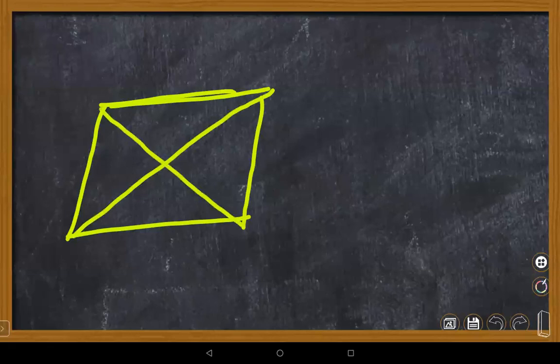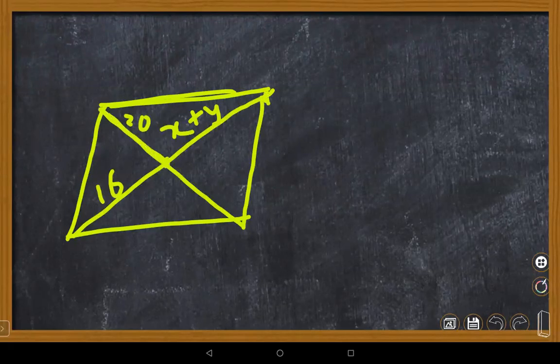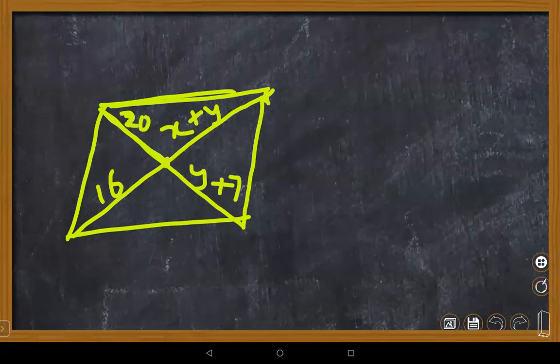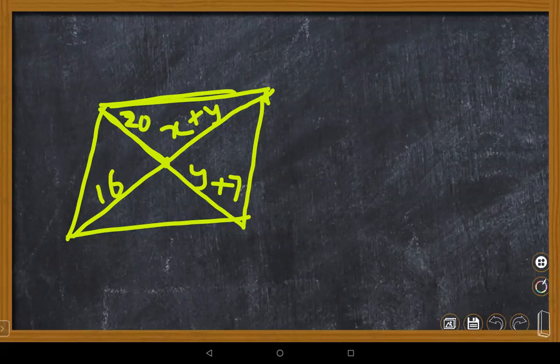X plus y is given in this place, this region is given as 16, and from the midpoint to here it is given as 20. This is given as y plus 7. Now you need to find the values of x and y in this parallelogram. Which property are we supposed to use?